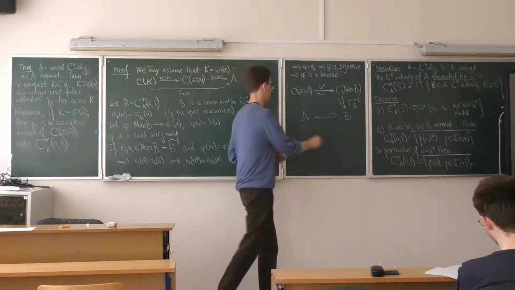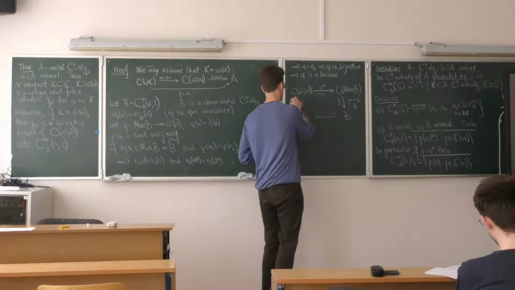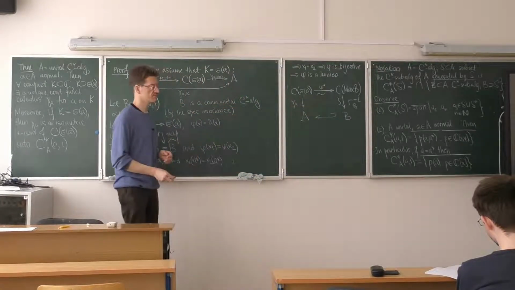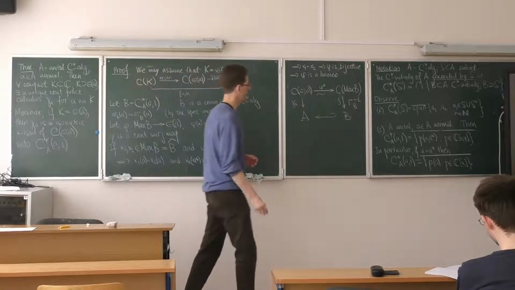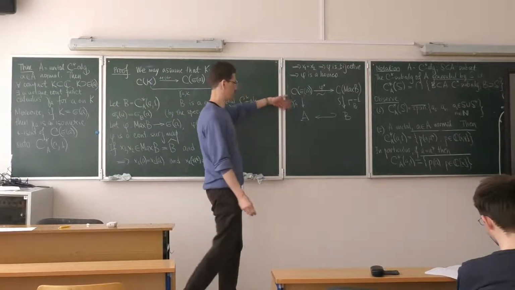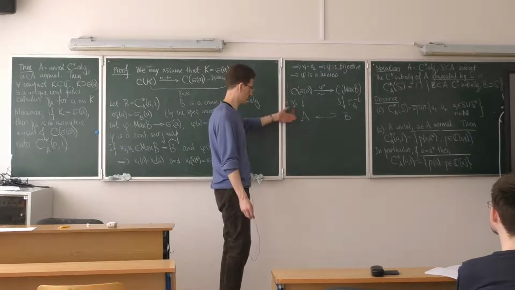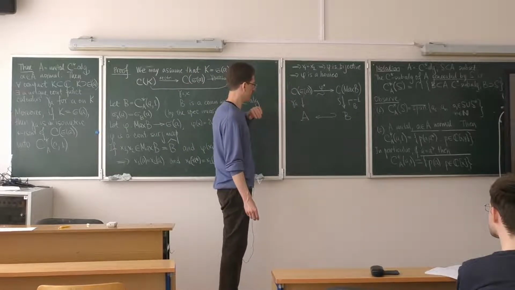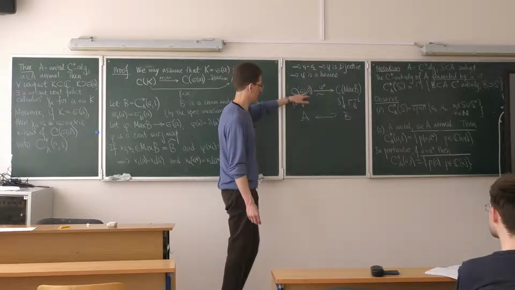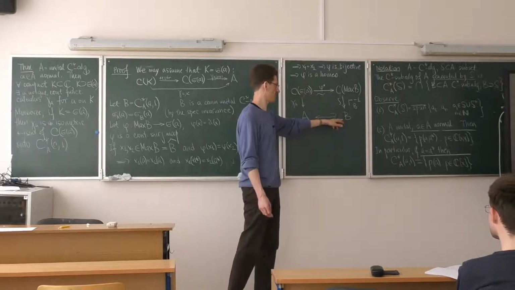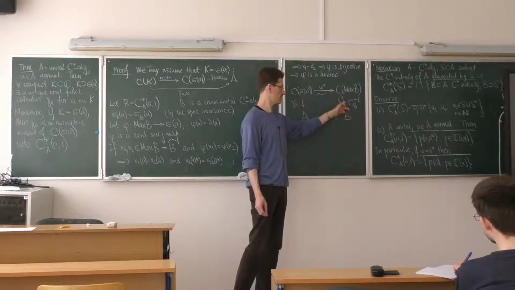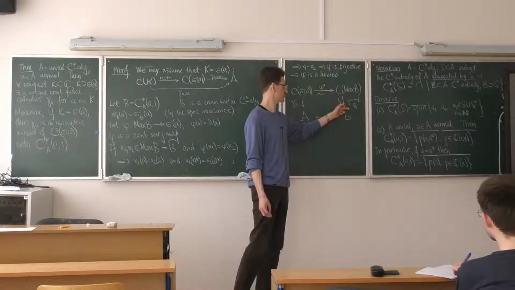And now we define gamma to be the composition of these maps. So by construction, if we look at this picture, then we see that gamma is indeed a continuous unital star homomorphism, and moreover, it is an isometric star isomorphism of this algebra onto B, because these two arrows are isometric star isomorphisms.